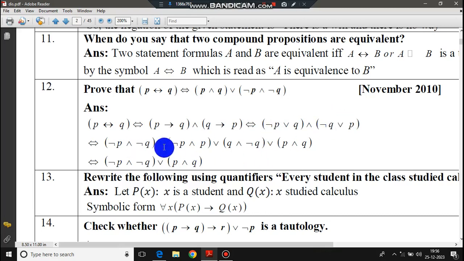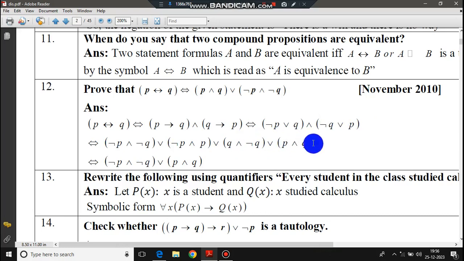Then this R will come here, then negation P and P. That is what we have, negation P and P. Similarly, we can use the distributive formula here, Q and negation Q, Q and negation Q, and next one, Q and negation P, Q and negation P. So we can use the distributive formula here to get this expression from here to here.